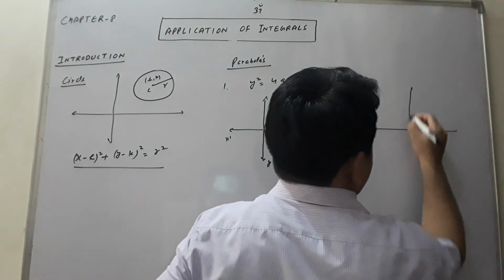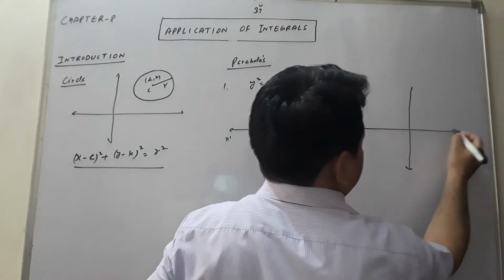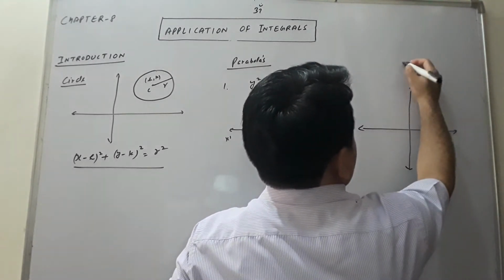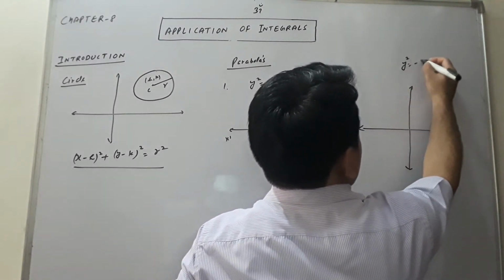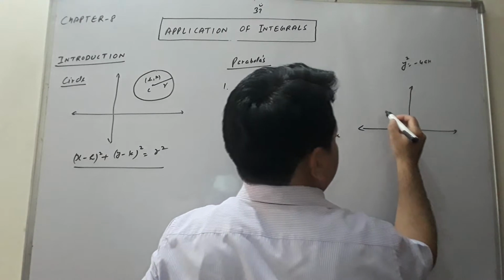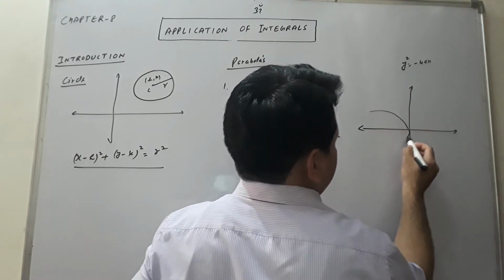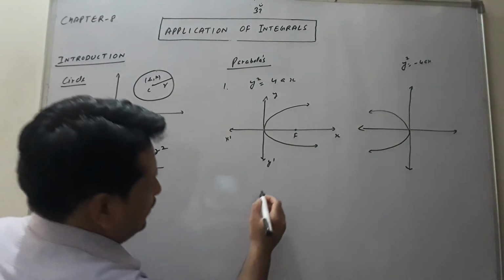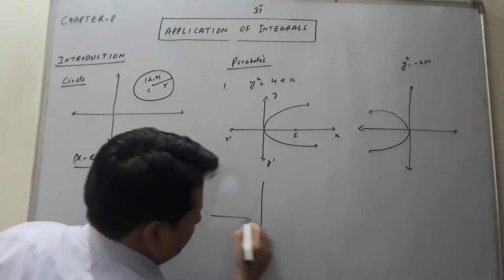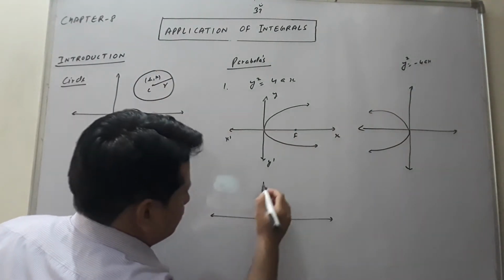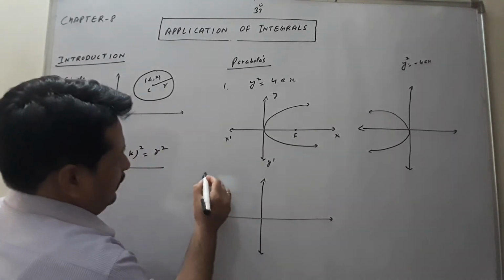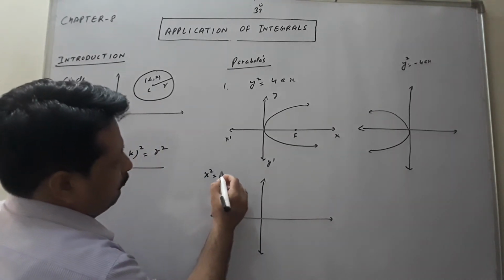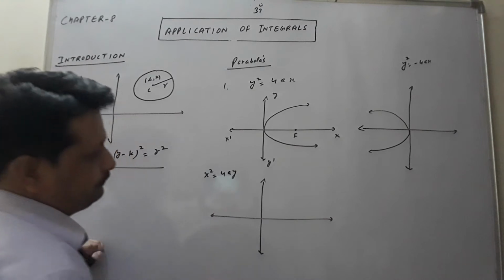Then the second parabola is there, students, that is y square is equal to minus 4ax. The parabola is like this. Third one is x square is equal to 4ay.